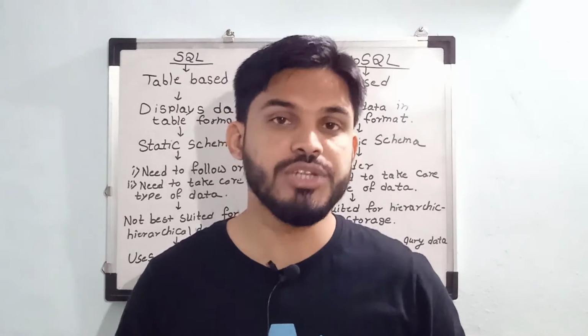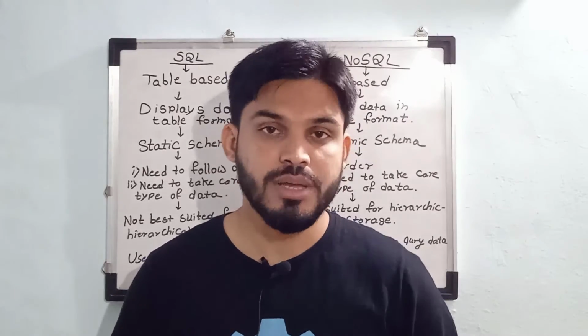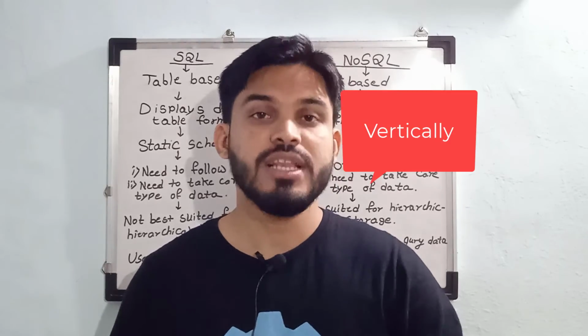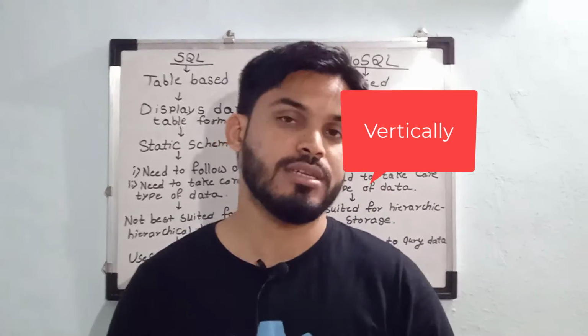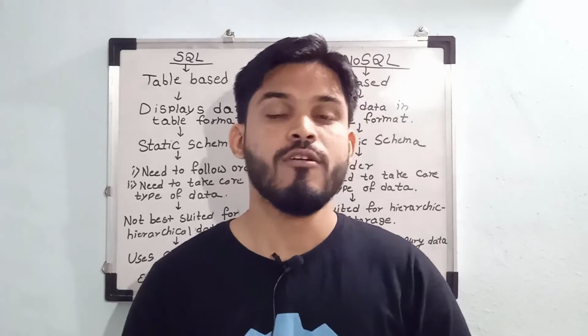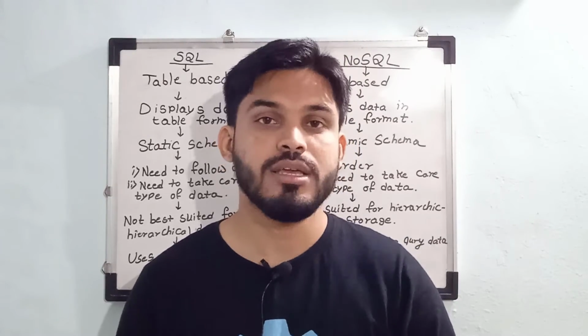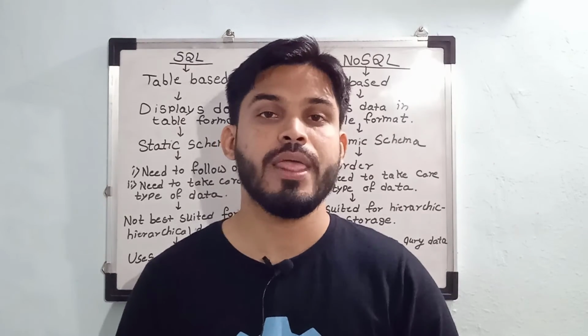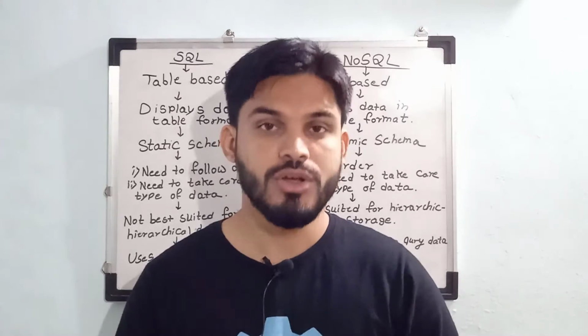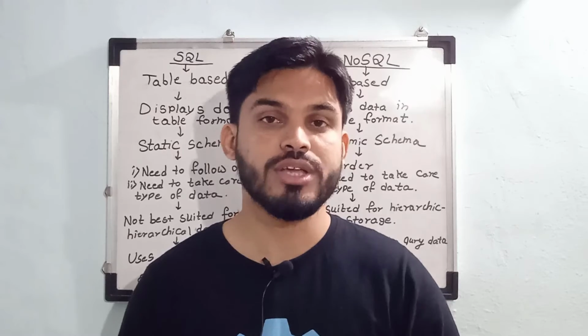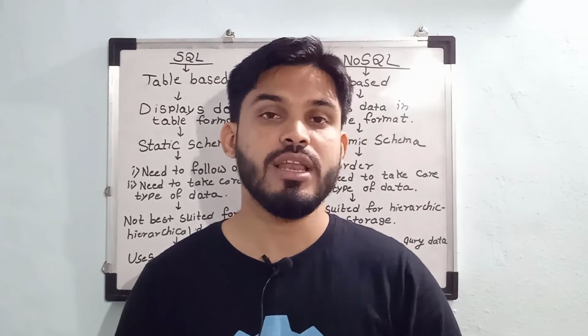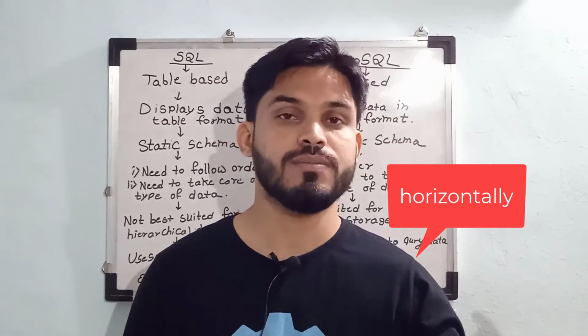So if I enter new data in SQL database, then database will expand. But in NoSQL we don't have table. That's the reason if I store data or new data in NoSQL, then it will expand horizontally.